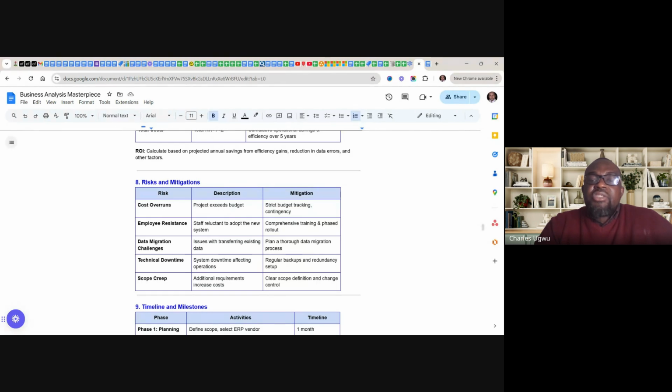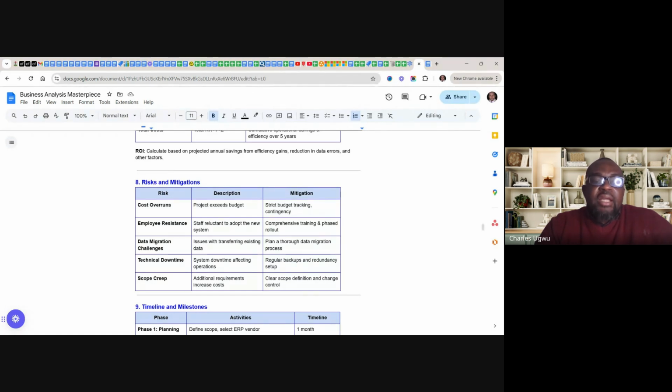The mitigation is comprehensive training and phased rollouts. Then data migration challenges, issues with transferring existing data to the new system. The mitigation is to plan a thorough data migration process.